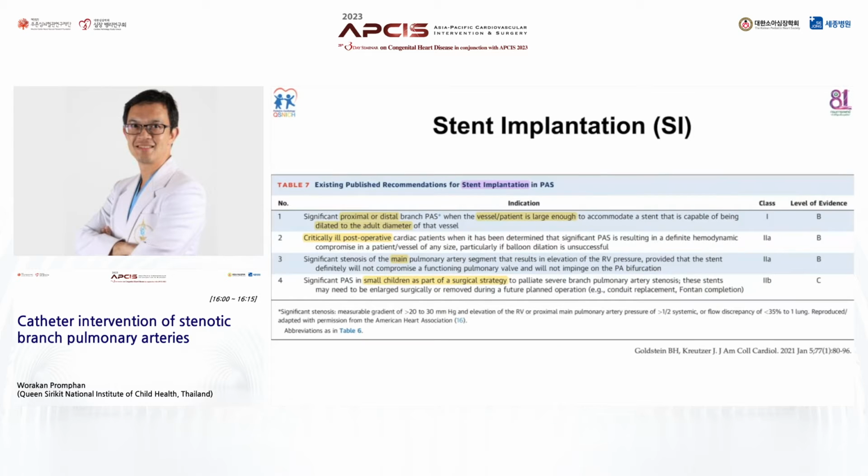The major indication for stent implantation is a proximal or distal branch pulmonary artery stenosis where the vessel and patient are large enough to accommodate a stent, and the stent should be capable of being dilated to adult diameter. Or in a critically ill patient where balloon angioplasty alone is not enough to tackle the stenosis, or as a bridging procedure for the next surgical treatment later on.